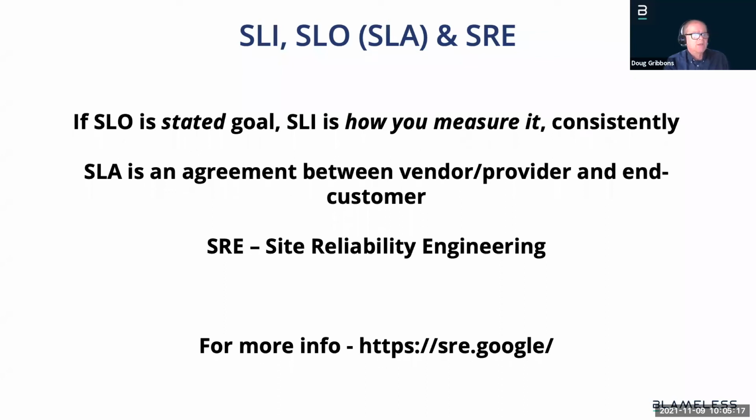So in SRE, or Site Reliability Engineering, you'll hear a lot about SLOs and SLIs, but sometimes people will confuse those with what are called SLAs. And SLAs are actually contractual agreements between a vendor and an end user, an end customer. They are guaranteeing a quality of service.